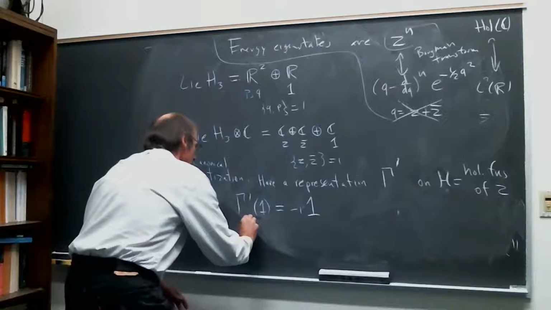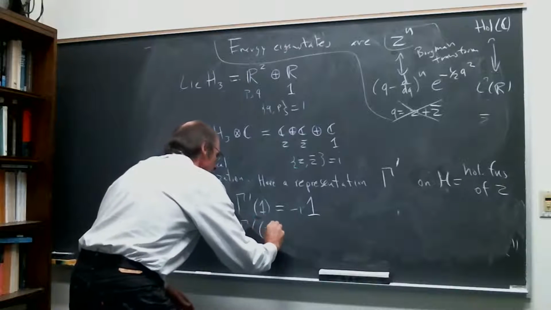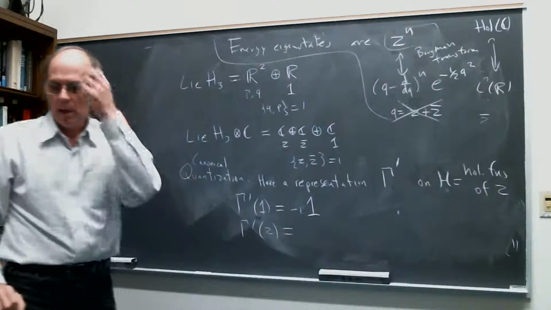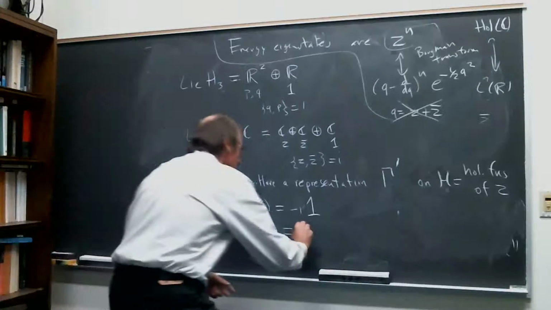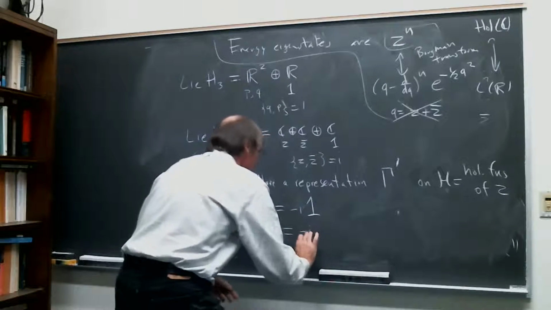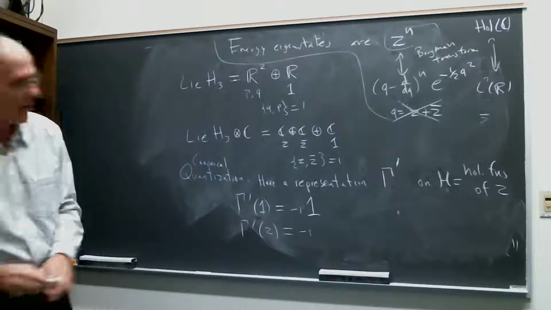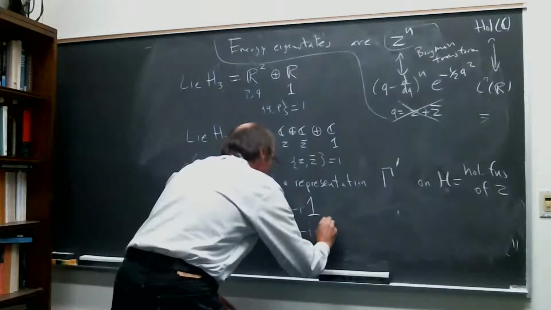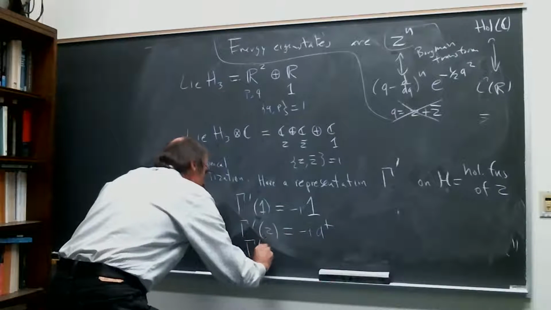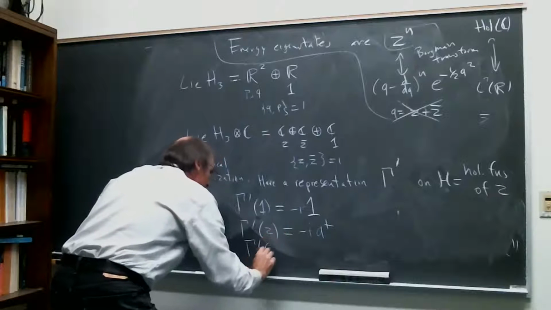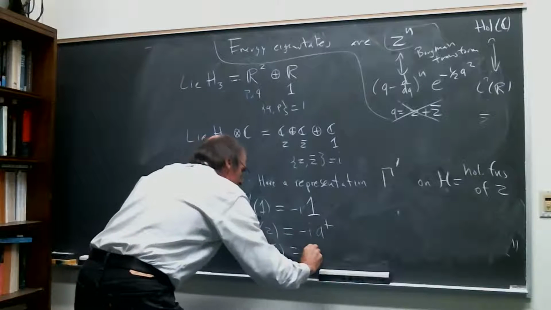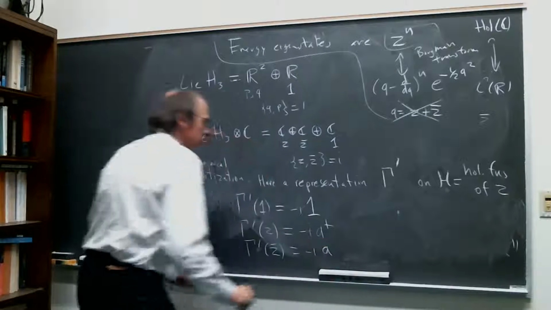And then on Z, you take it to be minus I times A dagger. And on Z bar, it's minus I A.